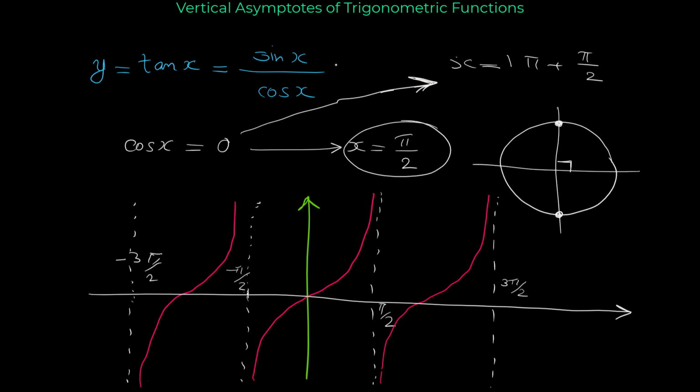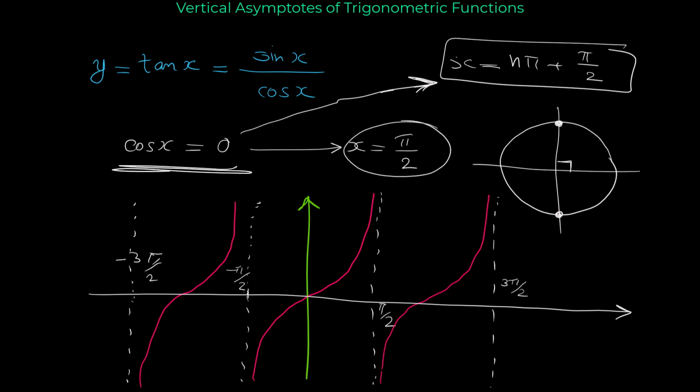If you plug in 2 for n, 2 pi plus pi over 2 would be 5 pi over 2. If you plug in 3, 7 pi over 2, and so on. By writing the general asymptote equation this way, we can find all the asymptotes. You have to solve this equation and write the general solution of the equation. By adding n pi, you can find the other vertical asymptotes.